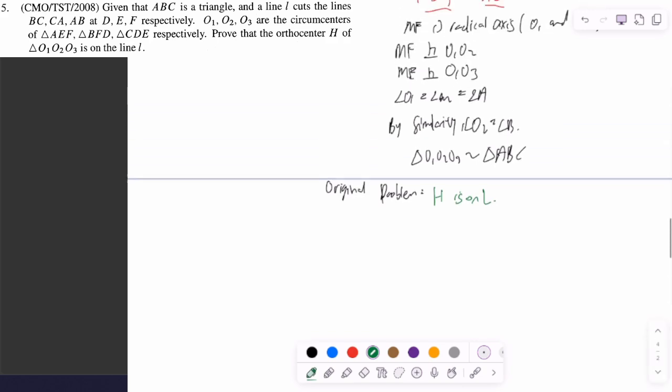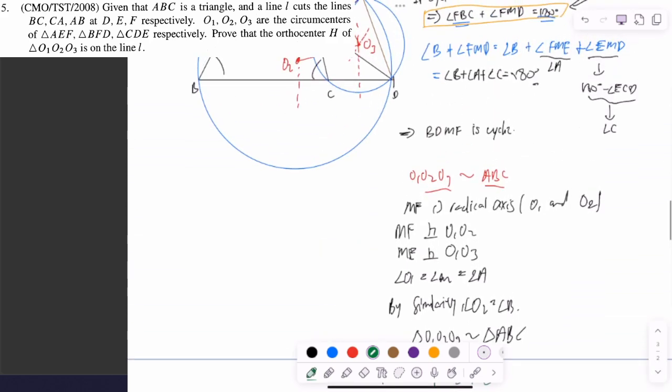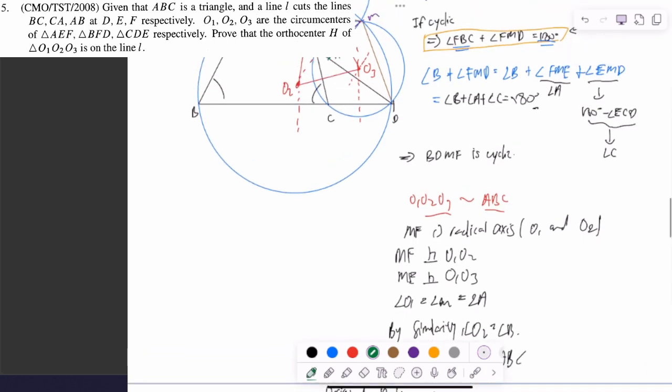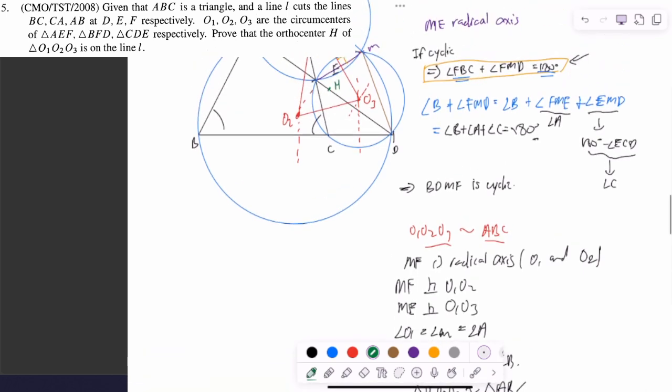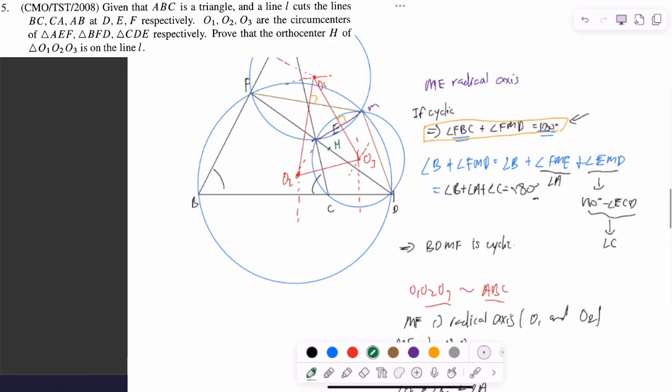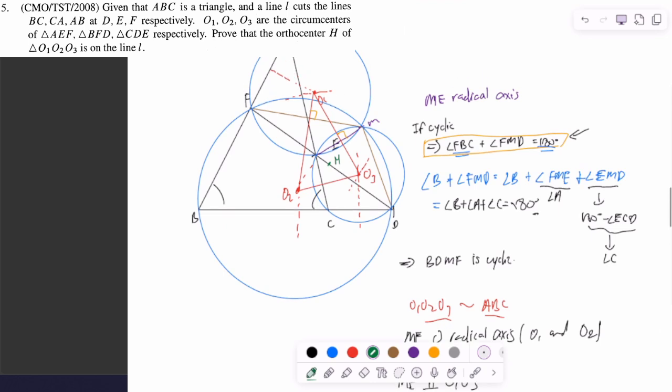So now I think we need a separate diagram. I'll show you the diagram here.